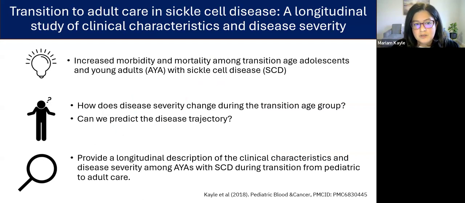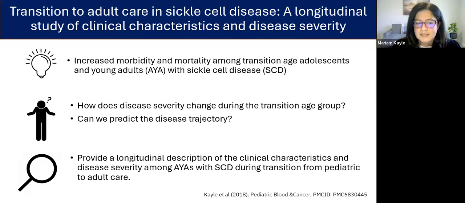And what I wanted to do is understand, how does disease severity change over time? What we know about disease severity anecdotally is that it increases with time, meaning that as patients get older, they get more and more sick. The question is, can we identify different trajectories whereby patients show different behavior in terms of their disease severity over time?